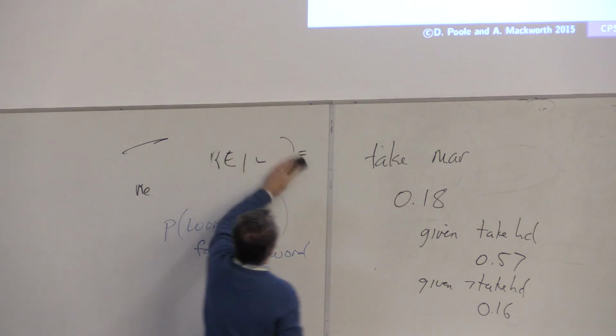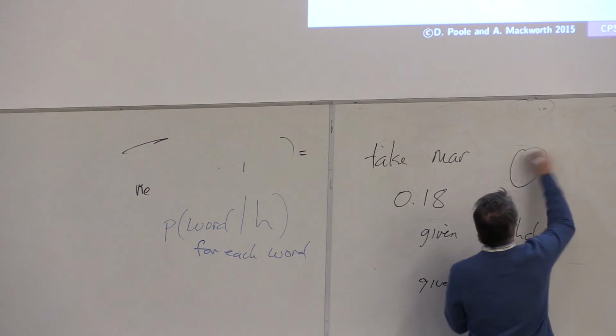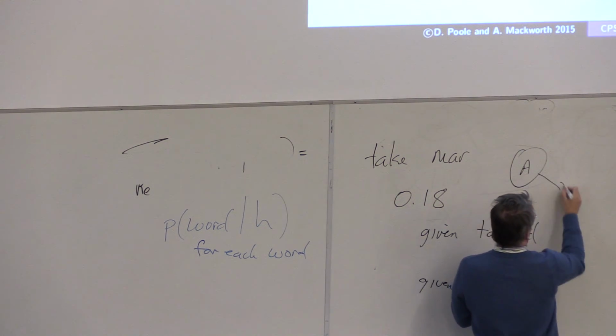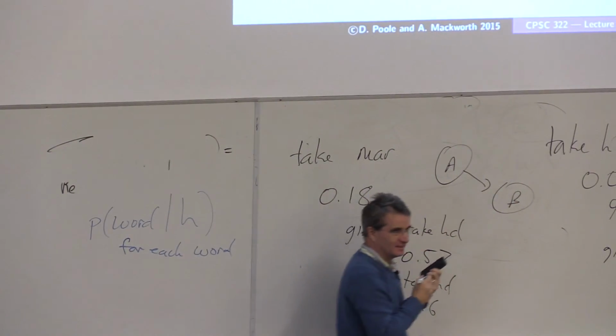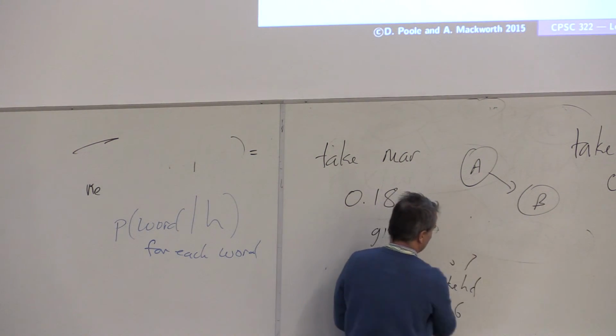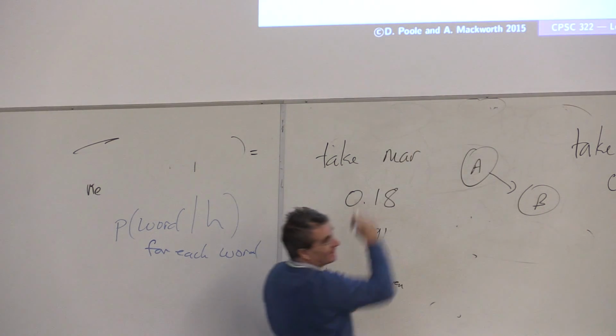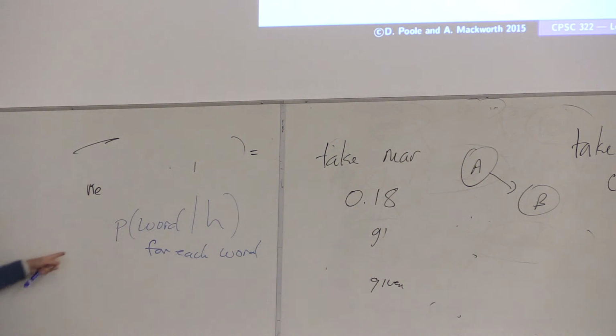If you ever met that looks like this, A, B, what probabilities do we need? So what probabilities do we need here? As well as this. Right, the probability of H.